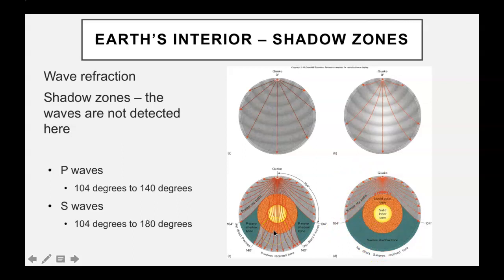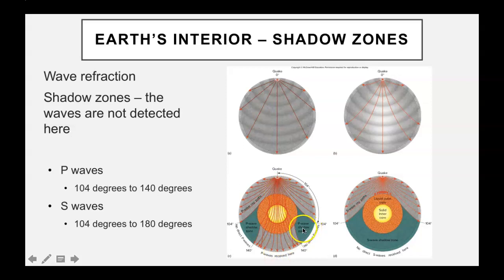So the first one on the left is the P wave. And the P wave can be transmitted through the liquid outer core, but it gets deflected, and this deflection then creates these green areas on either side, and that is the shadow zone where there's no P wave detected. The waves can go through the liquid though, and they come out the other side.